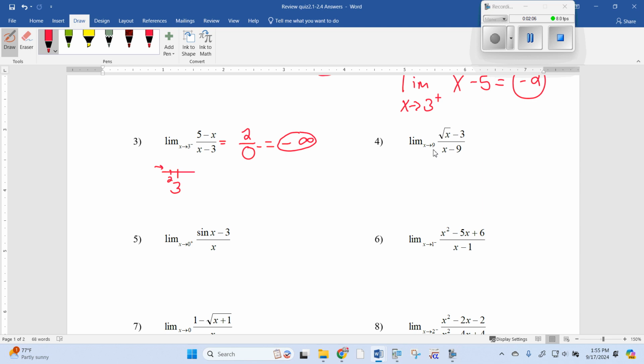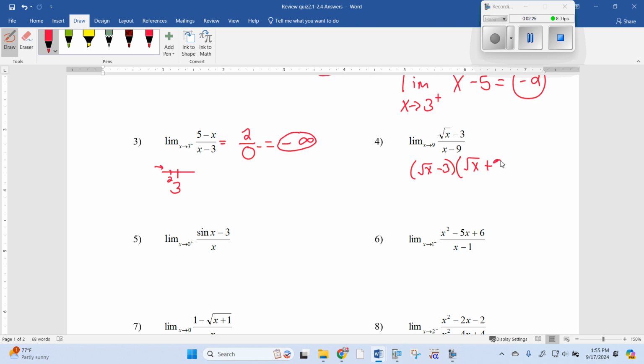I have the limit as x approaches 9 of (the square root of x minus 3) over (x minus 9). If I plug 9 in, I will get 0 over 0. What we have to do is factor the bottom into (the square root of x minus 3) and (the square root of x plus 3).